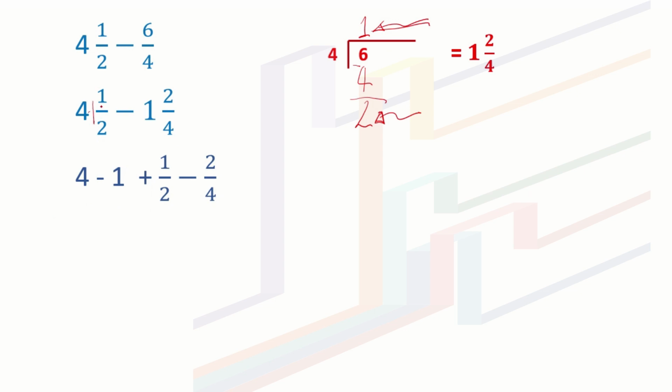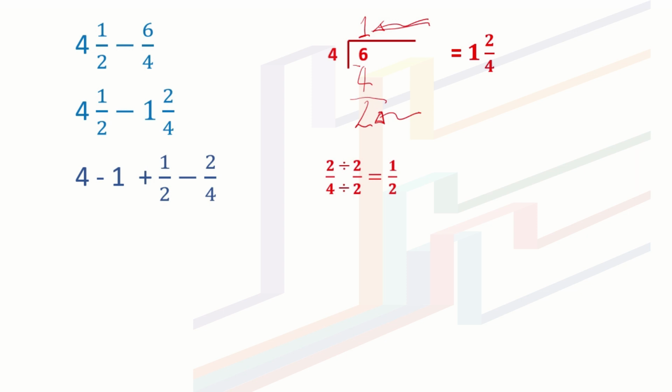You could say this is an addition, right? And this is also an addition. Now we have to work on the fraction part. We do have different denominators and we don't want to have unlike fractions. We want them to be like fractions.